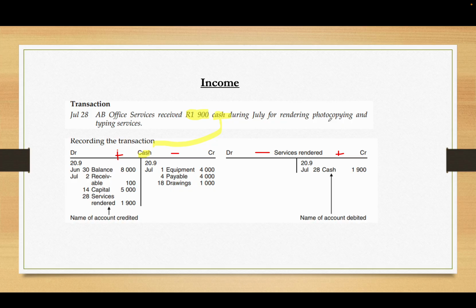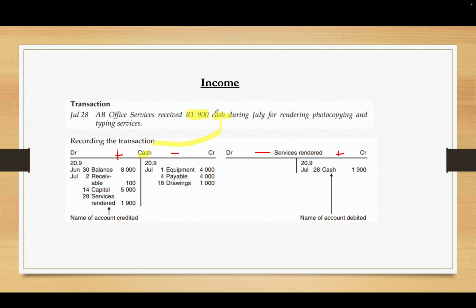Rendering means I did a service for you. AB Office got money for doing photocopying and typing services for whatever company. That's the most simplistic way to understand this transaction. So they received 1.9 cash for printing, photocopying, and typing services. So it affects two accounts. It affects cash because we receive the money.